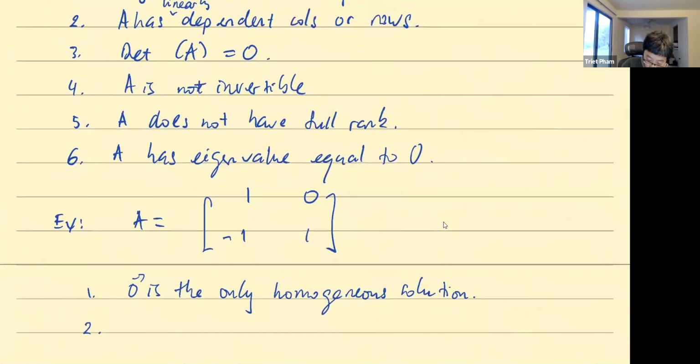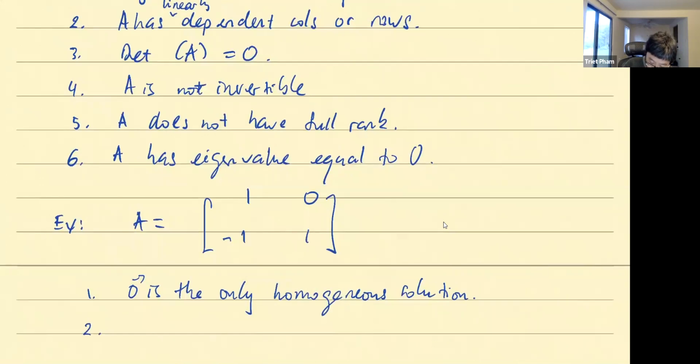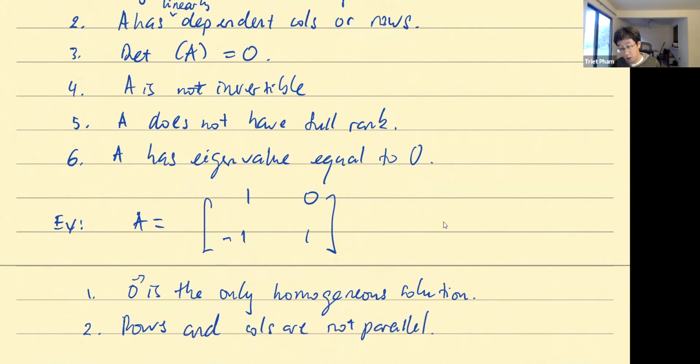So rows and columns are non-parallel. What I'm saying here is only true for 2 by 2. In 3 by 3 it is a little more complex, but I hope you know what I mean by not parallel, in the sense of Calc 3.